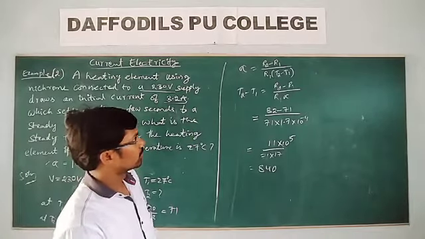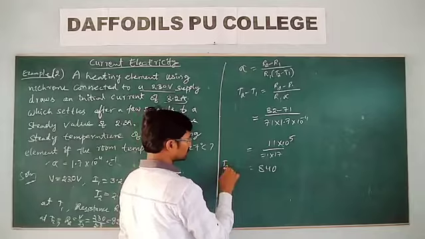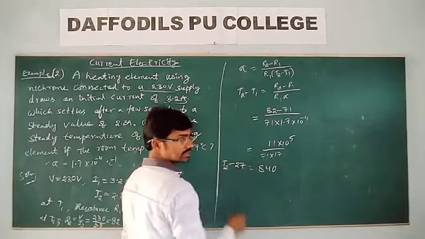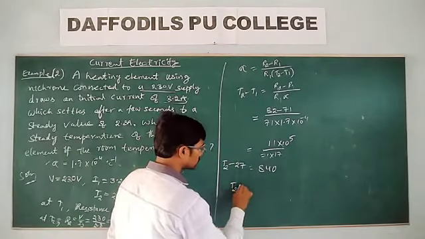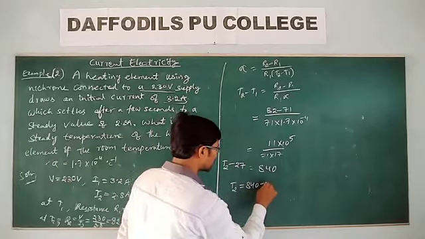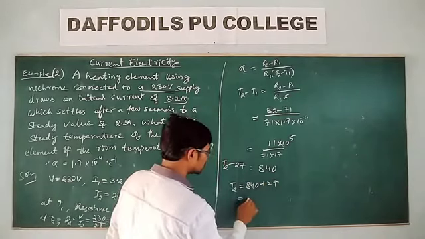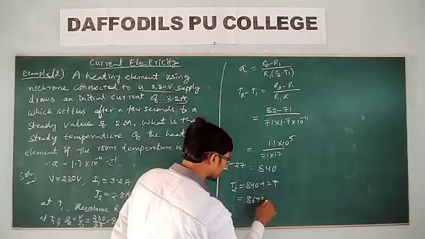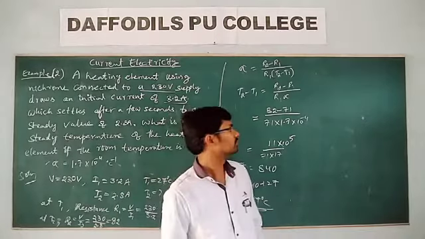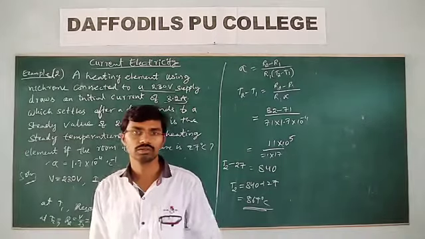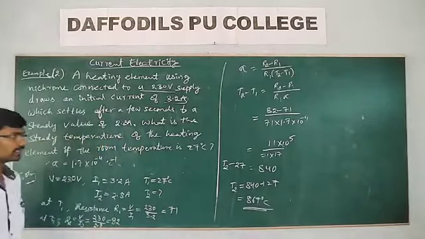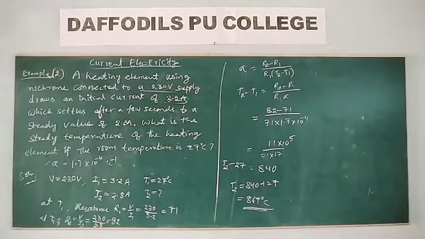Now T2 minus T1 is 840, so T2 is equal to 840 plus 27, which is 867 degrees Celsius. That is the final temperature of the element.